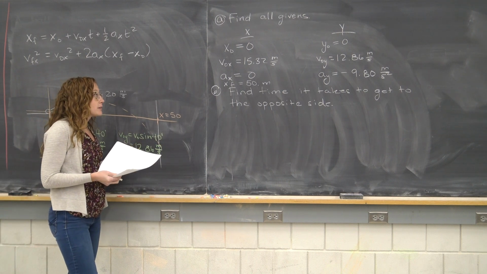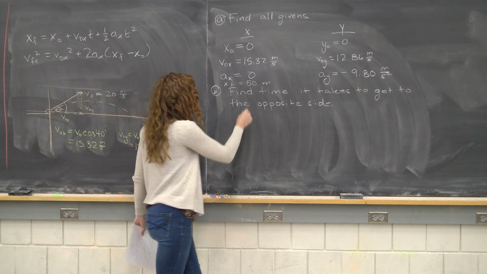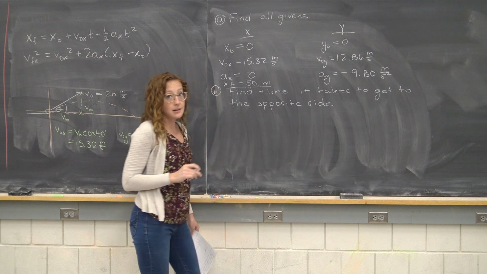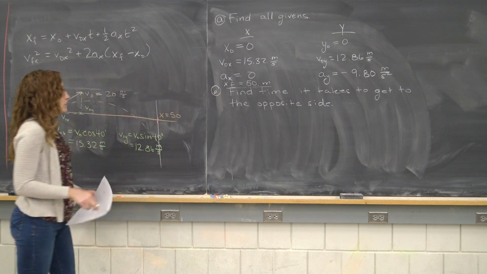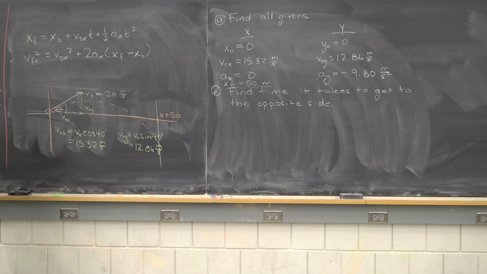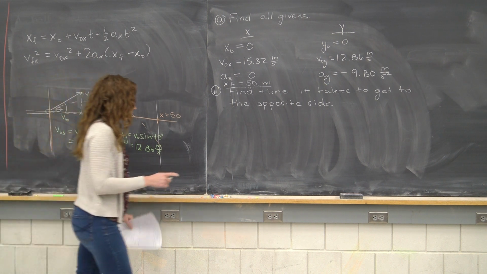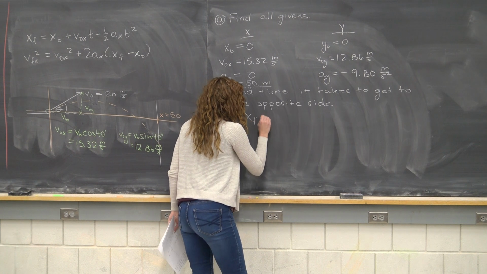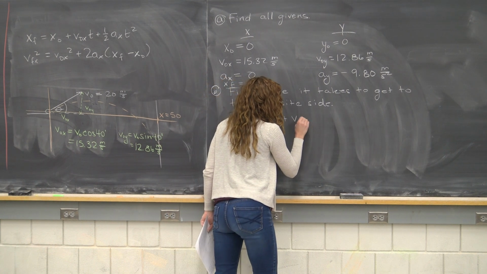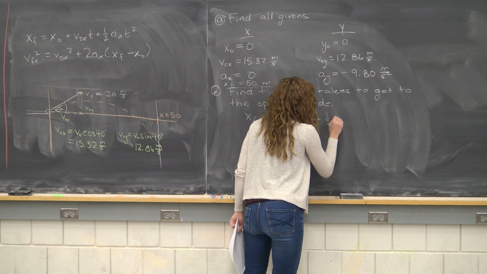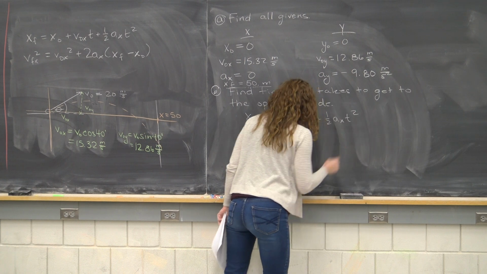Now in this particular case, the only information that I really have is about the x. So that's what I'm going to have to use, x as opposed to y here. I've got everything but the t for this one, so this is the one I'm going to start with. So x_f is equal to x naught plus v naught x t plus 1/2 a_x t squared.